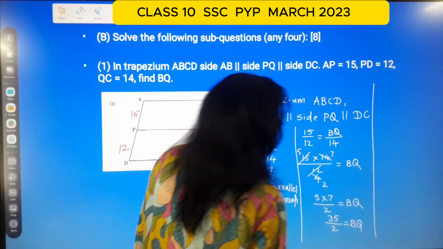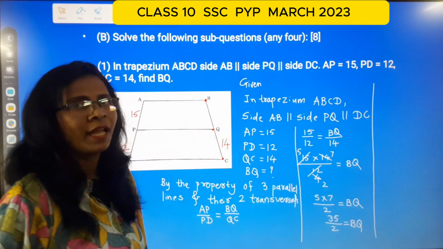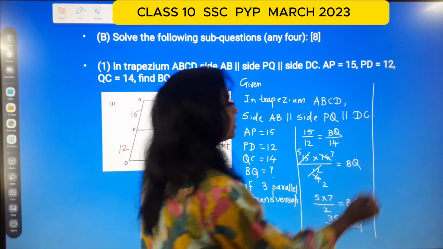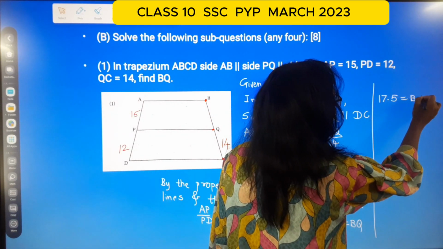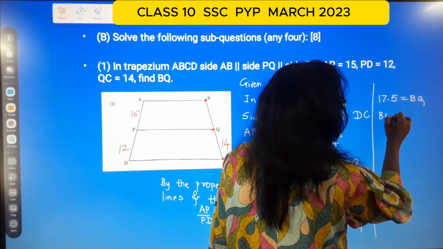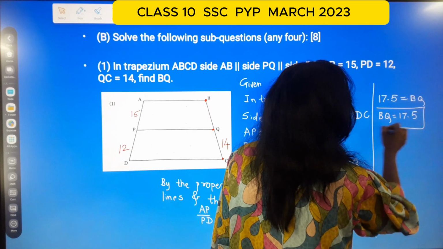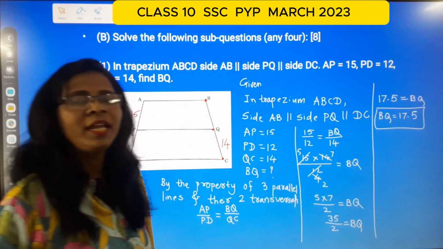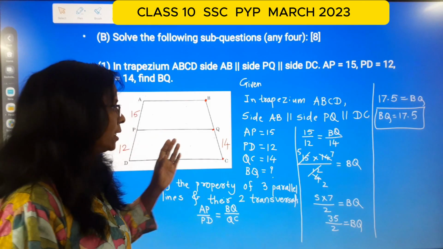That is half of 35, and half of 35 is 17.5. So BQ is equal to 17.5. Okay students, in such a way by using the property you can solve this example.